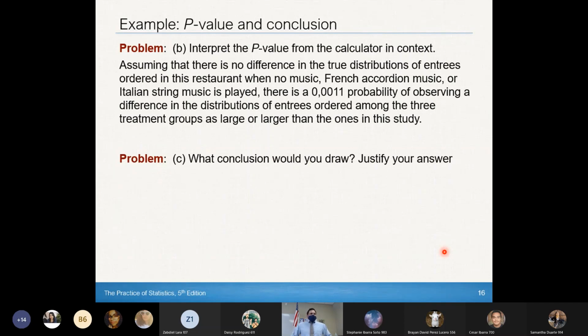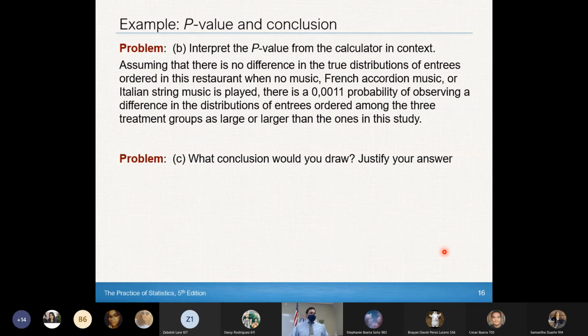So now we want to interpret the p-value from the calculator in context. Interpreting the p-value in context is not the same as writing a conclusion. Writing a conclusion is the next thing that we're going to do. If you're asked to interpret the p-value in context, you need to write something similar to this.